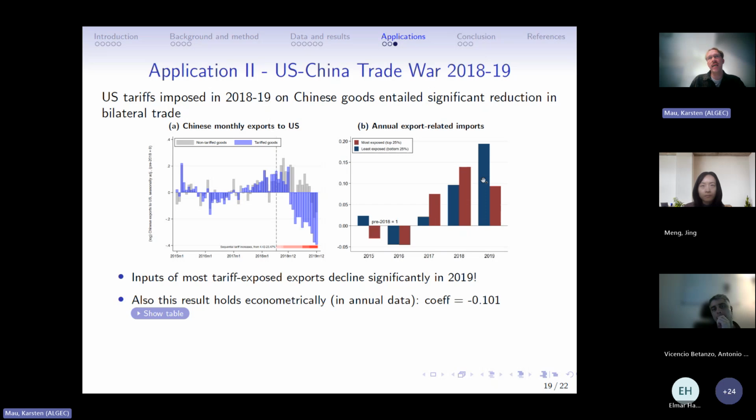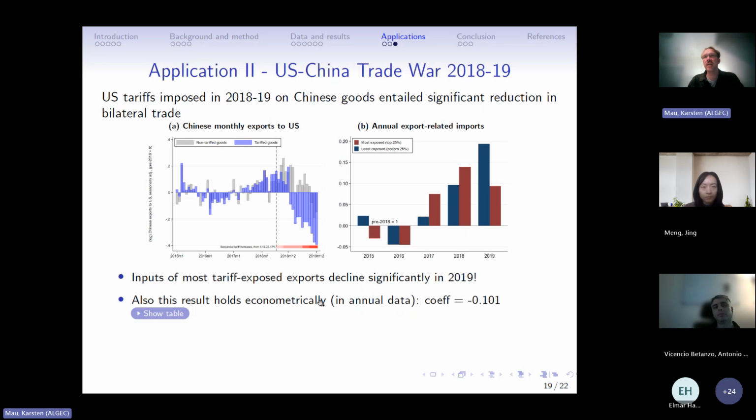Quantitatively, this effect is less prominent than what I showed you before with the WTO entry, partly maybe because there might be more diversification or other reasons, or maybe also the mapping is not so up to date anymore. It's still based on 2004, but we also know, of course, that China is not only exporting to the US.